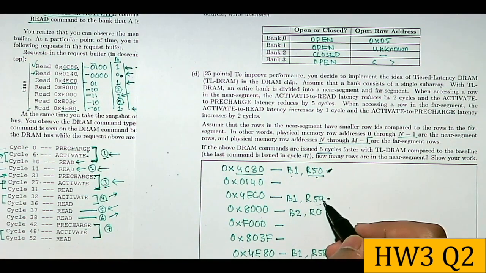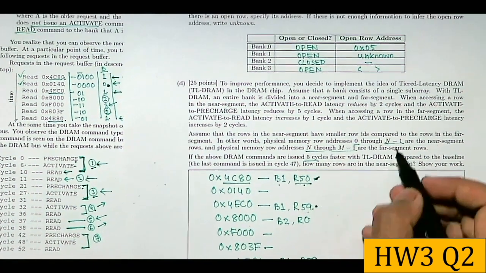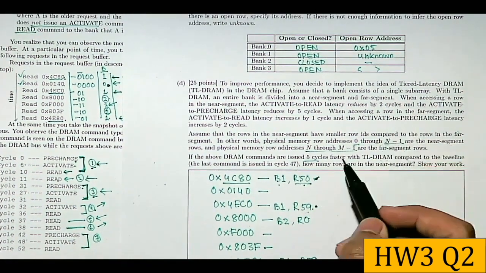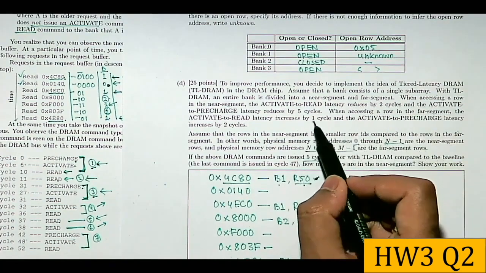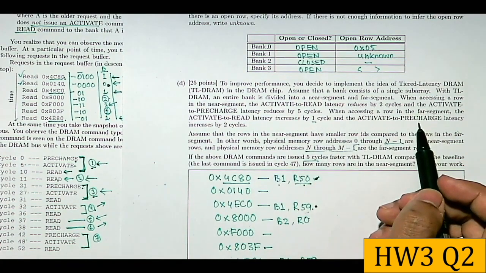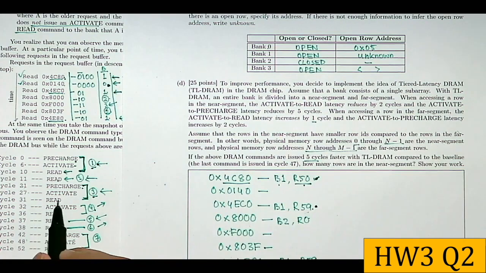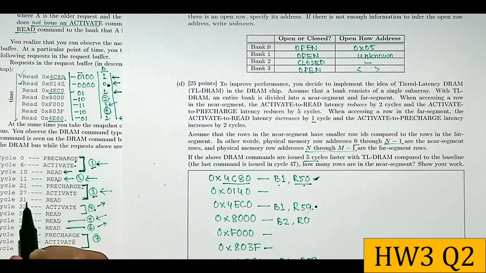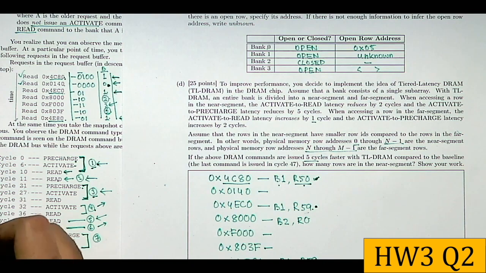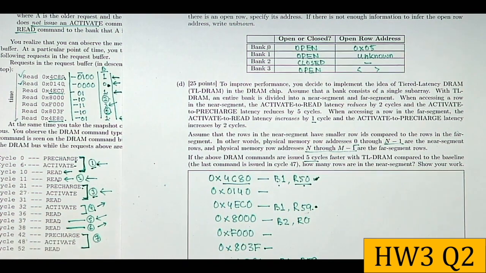R59 is a fast segment. So your activate to read will actually get penalized by how many cycles? Activate to read is increasing by 1 cycle. Make sense? So previously it was a 4 cycle latency. Now you have to charge 5 cycles. So now this will actually come to 27.